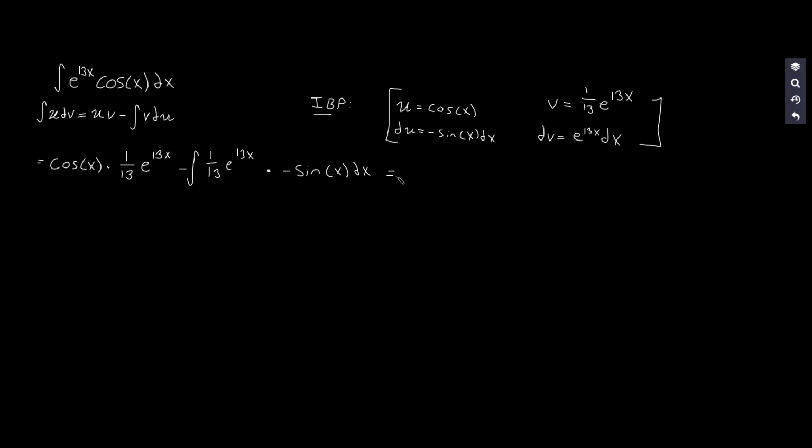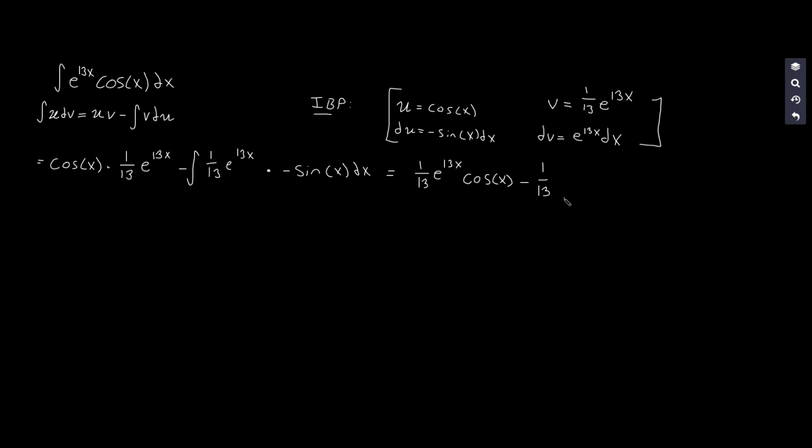And so what I'm going to end up doing here is I'm going to write 1 over 13 times e raised to the power of 13 times x times cosine. Or honestly, I don't even have to put it, I mean, it is times cosine, but I'm just going to put it next to it. Times cosine minus 1 over 13.